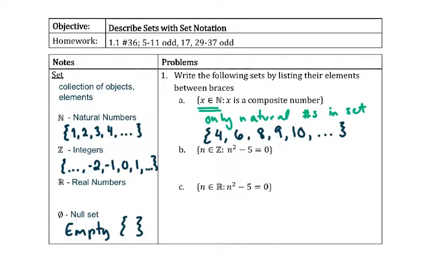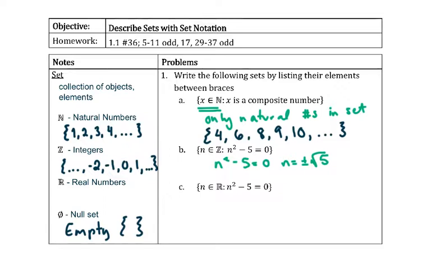Now, you'll notice here with B and C, these two are very similar, but we're drawing from different types of terms. So what this one's saying is that this set is made of all the integers where n squared minus 5 equals 0. Here would be where n is all the real numbers, where this is true. And so in this case, you're going to apply a little bit of logic. If n squared minus 5 equals 0, that means that n is equal to the positive or negative root of 5.